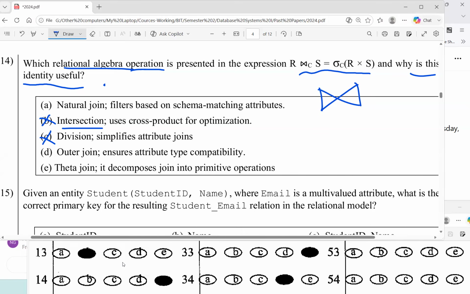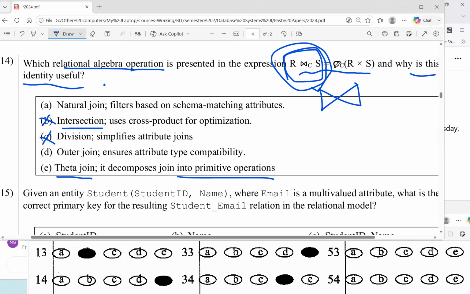Okay. The examiner's answer is theta join. It decomposes join into primitive operations. So this is a join based on this condition. What it has done is the Cartesian product and then filter out based on the condition.